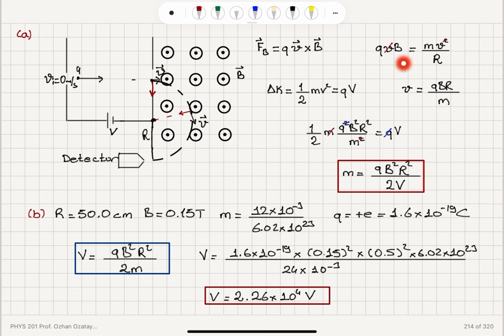From this uniform circular motion, qvB is mv squared over r, and the speed is qBr over m. The kinetic energy the ion gains inside this potential difference is 1/2 mv squared equal to qV, assuming it starts at rest. From this, I can calculate the mass of the ion. The potential is qB squared r squared over 2m. For the given values, we find that we need a potential difference of 22.6 kilovolts between these two plates in order to accelerate it to reach this speed.